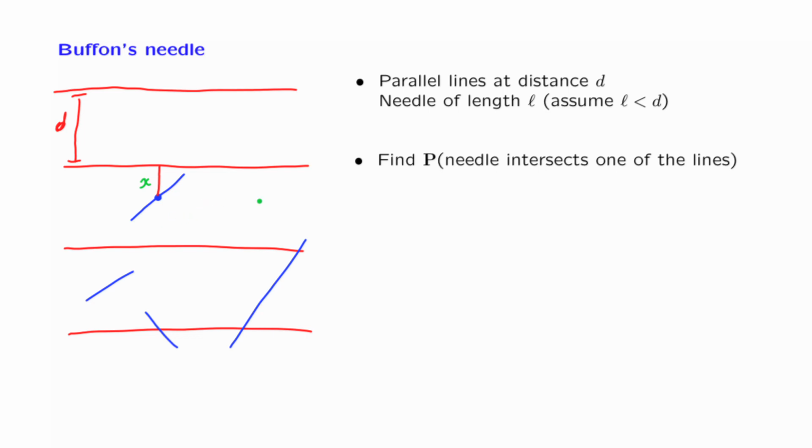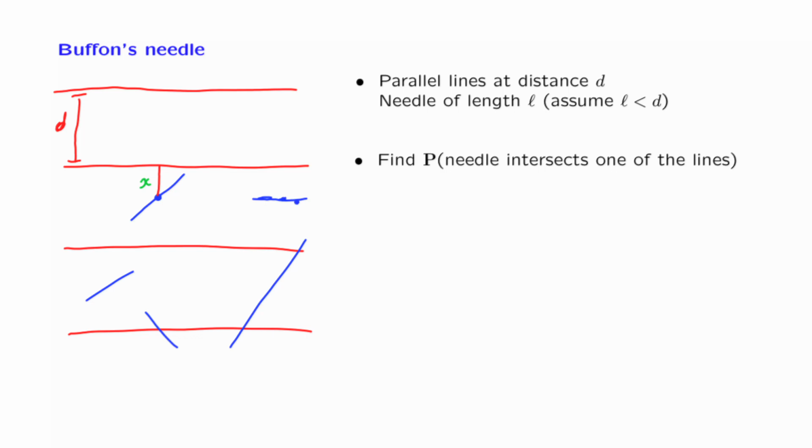What else does it take to describe the needle? Suppose that the needle had fallen somewhere so that it is at the same vertical distance from the nearest line, but it has an orientation of this kind. This orientation, compared to that one, should make a difference, because when it falls that way, it's more likely that it's going to cut the next line as opposed to this case.